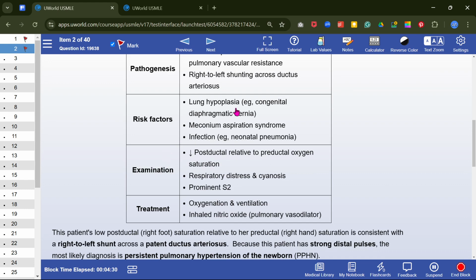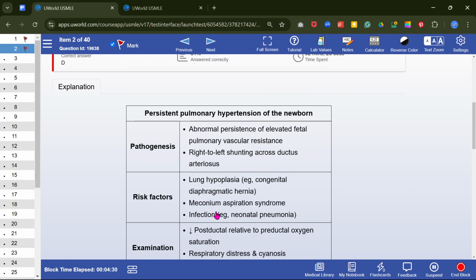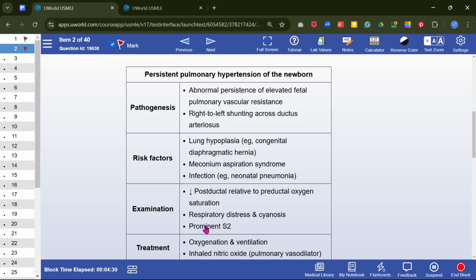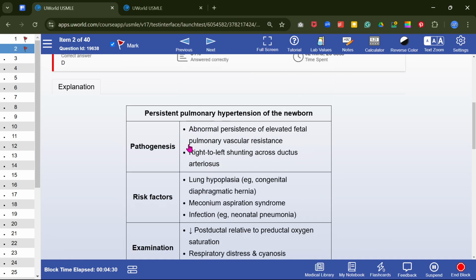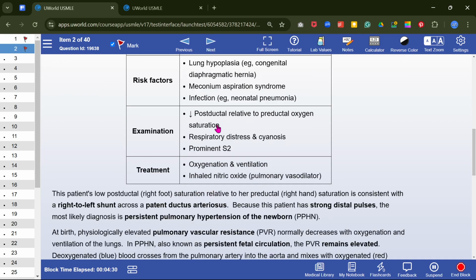So if preductal and postductal oxygen saturation are different, then we will think about persistent pulmonary hypertension of the newborn. Okay, I am explaining the most important thing, the examination finding before treatment in the box: decreased postductal relative to preductal oxygen saturation.